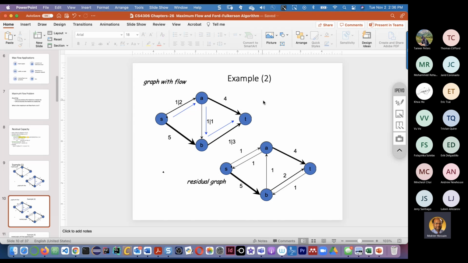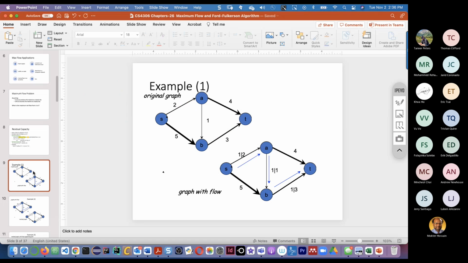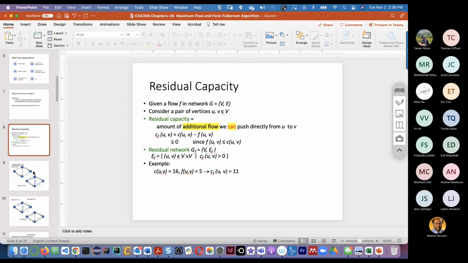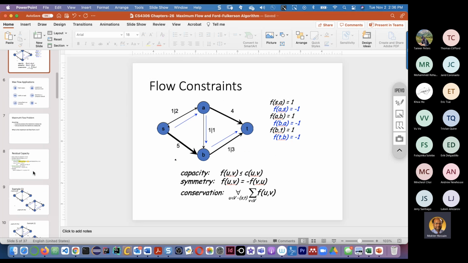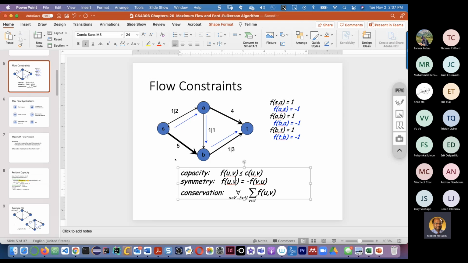Remember that the symmetry property was something like f of u to v equals negative of f of v to u, right?